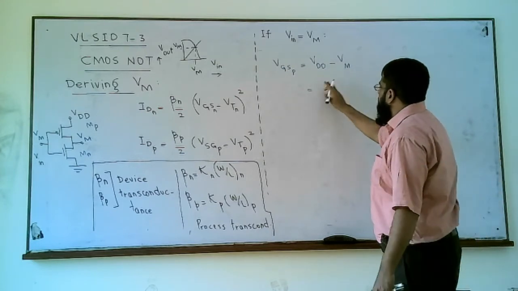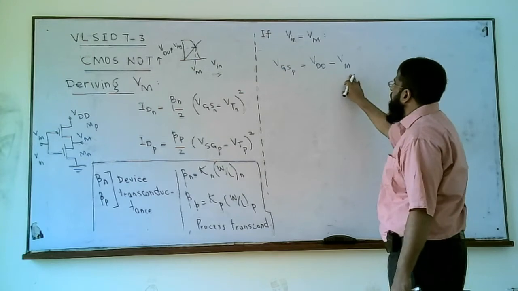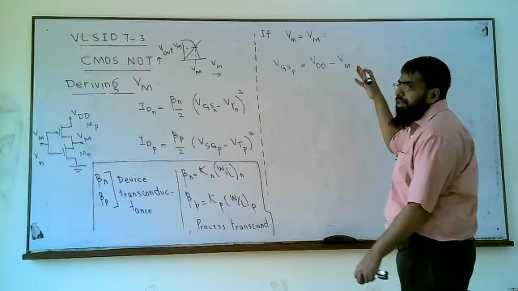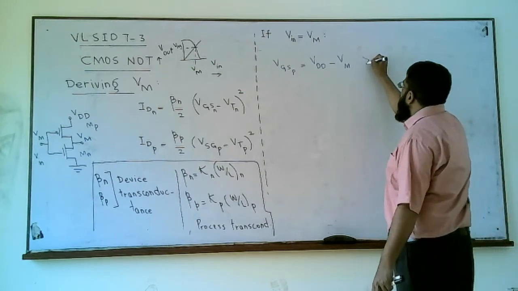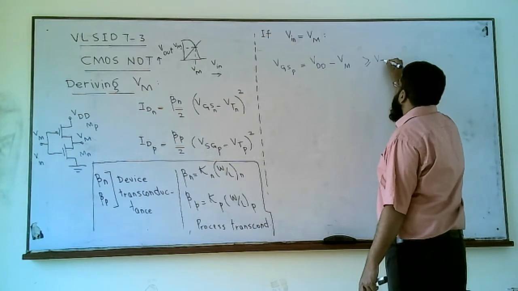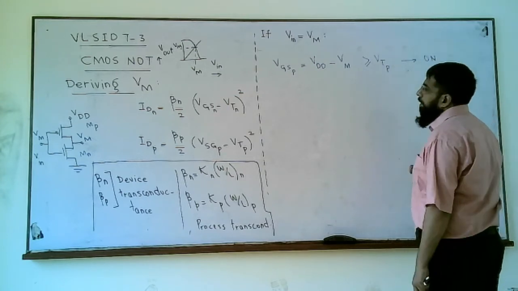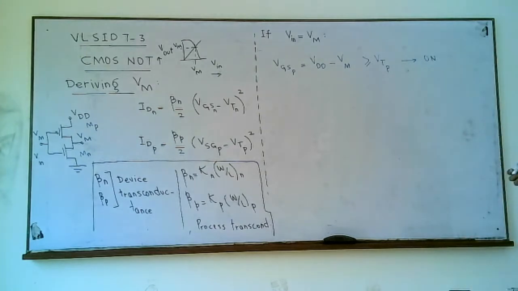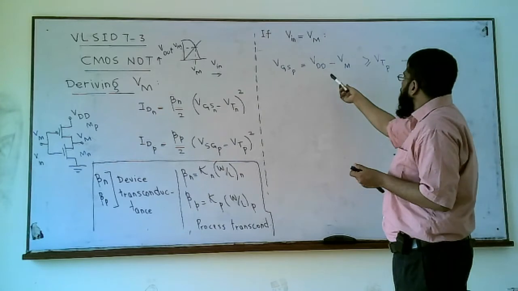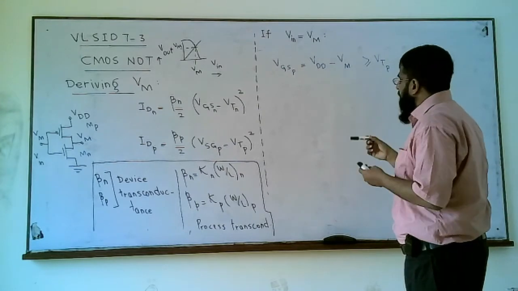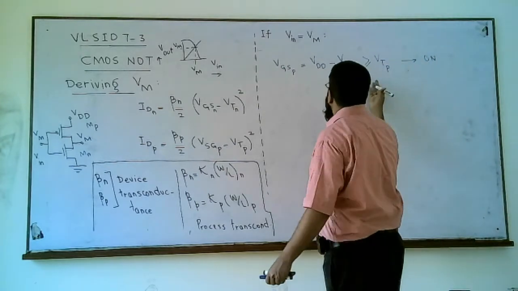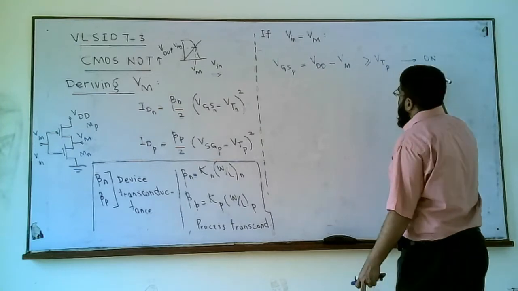If we subtract these values, VDD minus something around VDD by 2, of course we are going to have a value that is greater than VTP, turning it on. Because we have already studied that a PMOS is on if VGSP is greater than or equal to VTP, and it is equal to VTP in this setting, therefore it is on.